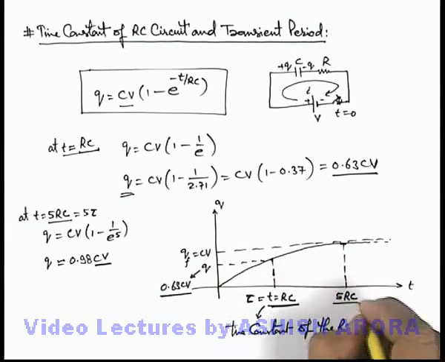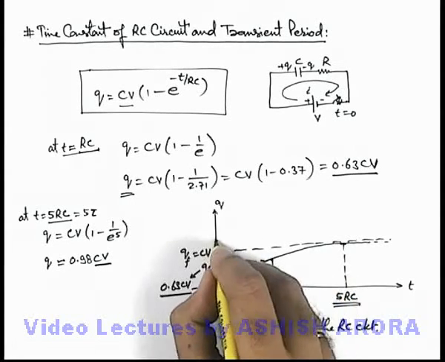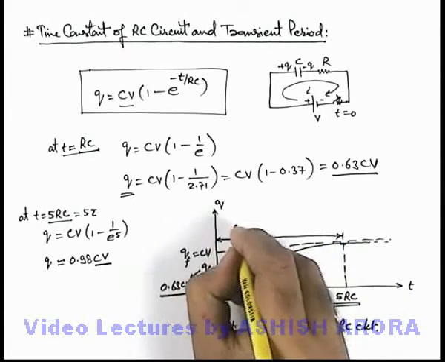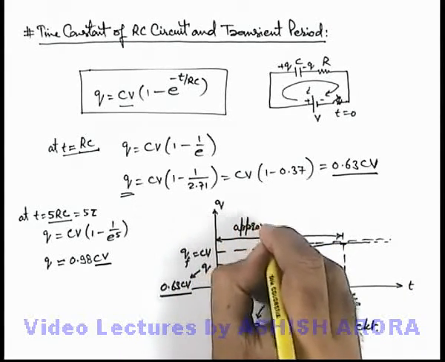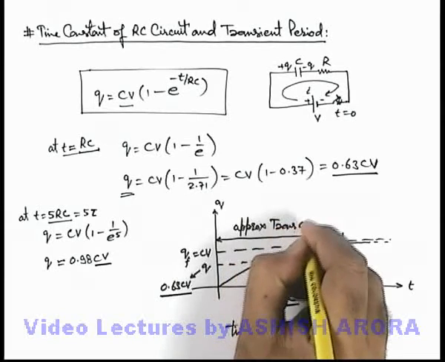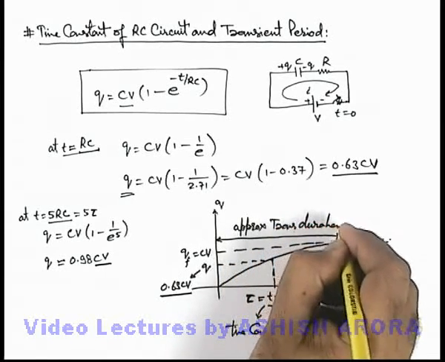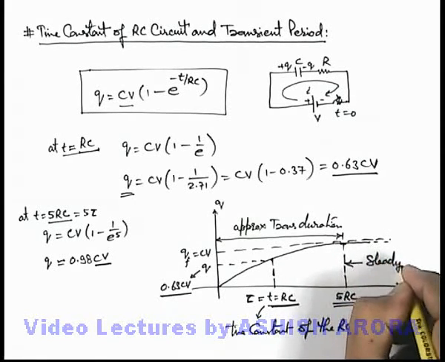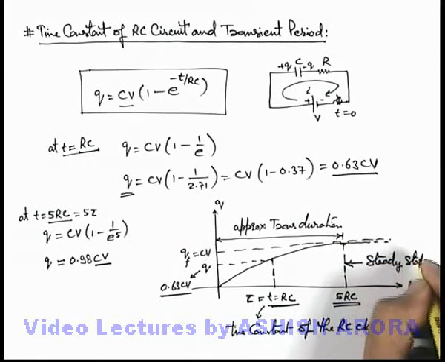So we consider 5 RC is the time up to which the capacitor is almost fully charged. So this duration is considered as the approximate transient duration, in which the capacitor was being charged and beyond which we consider that the steady state of the capacitor has arrived.